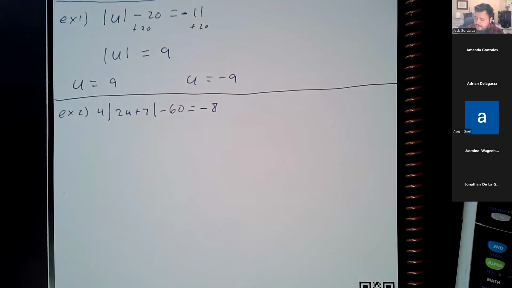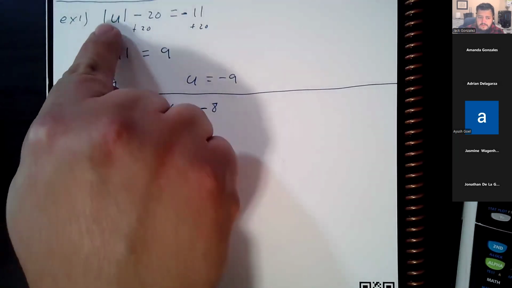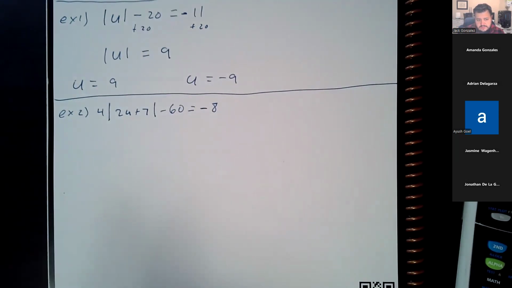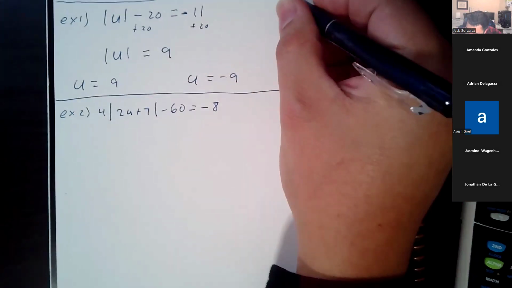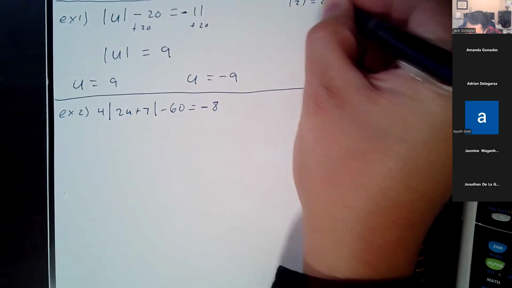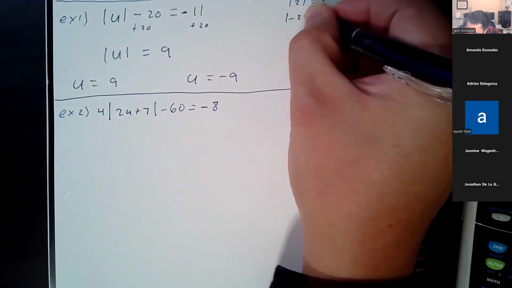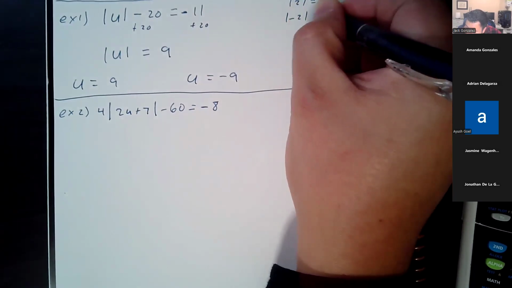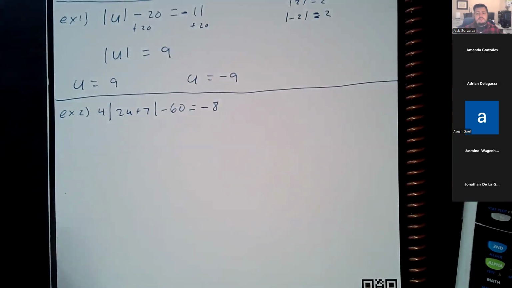Okay, so the definition basically means any number that goes inside must become positive. So if it's already positive, then nothing happens. So for example, absolute value of 2 is 2. Absolute value of negative 2 is equal to 2. It's also defined as the distance away from 0.